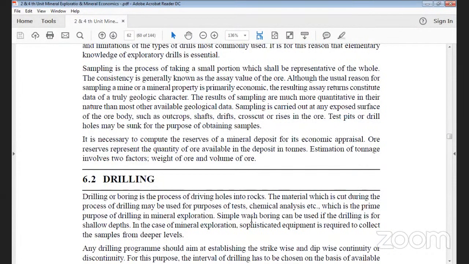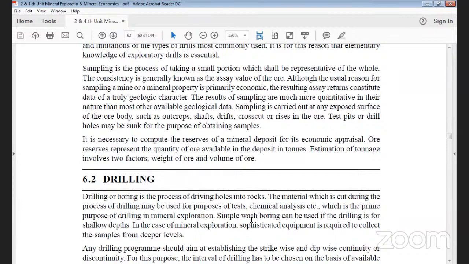The sampling process is taking a small portion which shall be representative of the whole. The consistency is generally known as the assay value of the ore, so we have to calculate the assay value of an ore. Although the reasons for sampling a mine or mineral property are primarily economic, the resulting assay returns constitute data of a truly geological character.